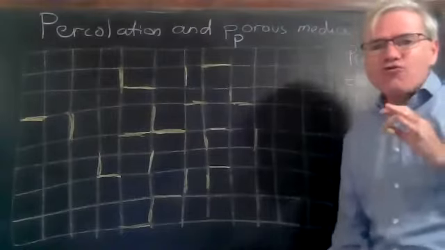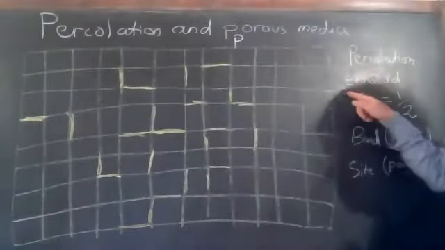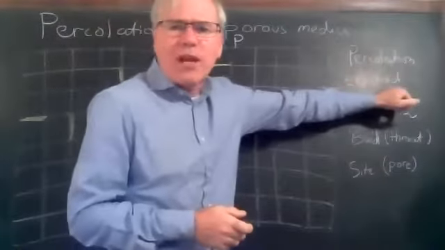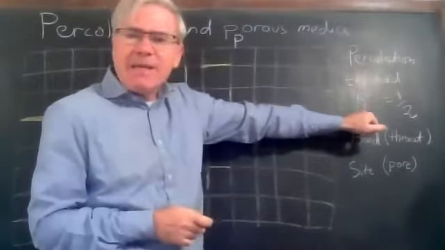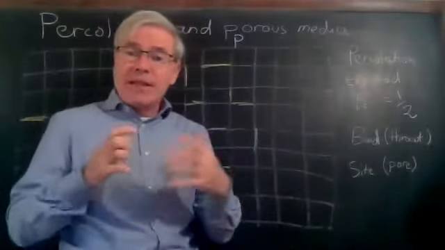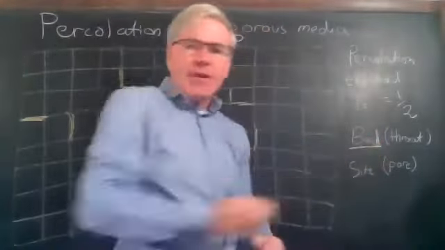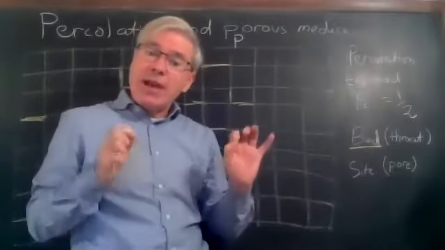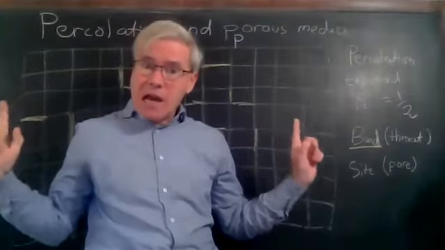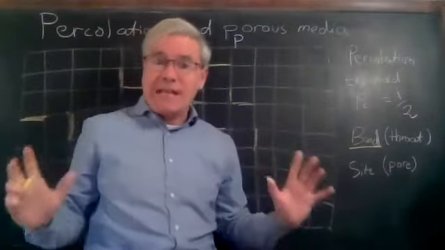But there's a critical point, which is called here the percolation threshold. So the percolation threshold is defined by p_c, and it's the critical fraction of these links, or bonds, as I could call them, the critical fraction of these bonds that I have to fill for there to be a connected path across this lattice.